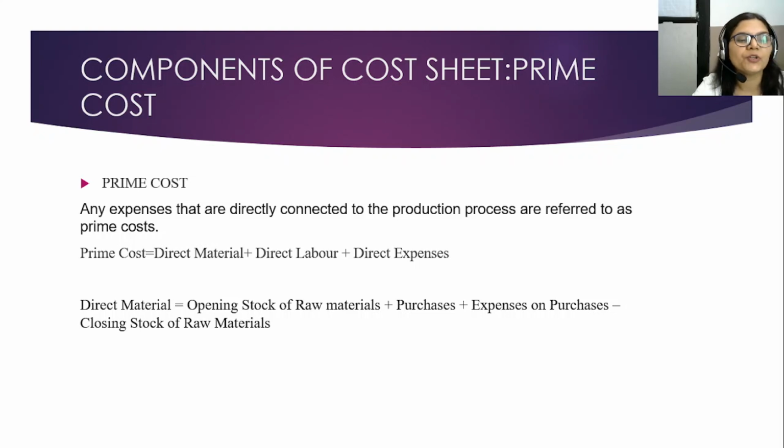For example, equipment maintenance, royalty paid in mining, cost of patent rights, hire of a special plant for production, etc. These are all direct expenses. So, for arriving at prime cost, we have the summation of three main items: direct material, direct labor plus direct expenses.